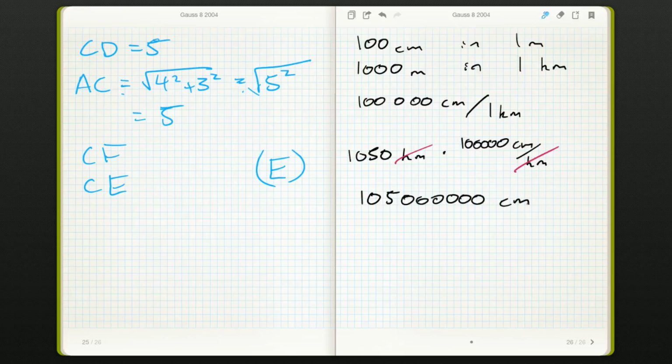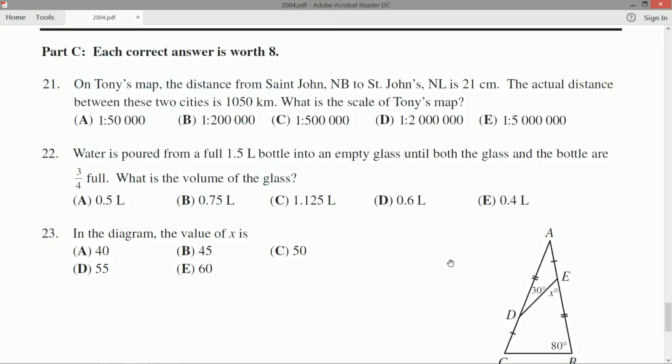If you need to, of course, grab your calculator. So that is being compared to 21 centimeters. And the easiest way to figure out the ratio is to divide both sides by 21. Okay, because if you'll notice, all our answers here are 1 to something. So the 21 needs to become the 1, and then it's 1 to something.